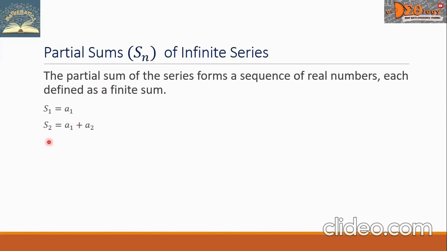For S sub 2, the elements are a sub 1 plus a sub 2. S sub 3 equals a sub 1 plus a sub 2 plus a sub 3. Then we reach S sub n, which is equal to a sub 1 plus a sub 2 plus a sub 3 plus up to a sub n.